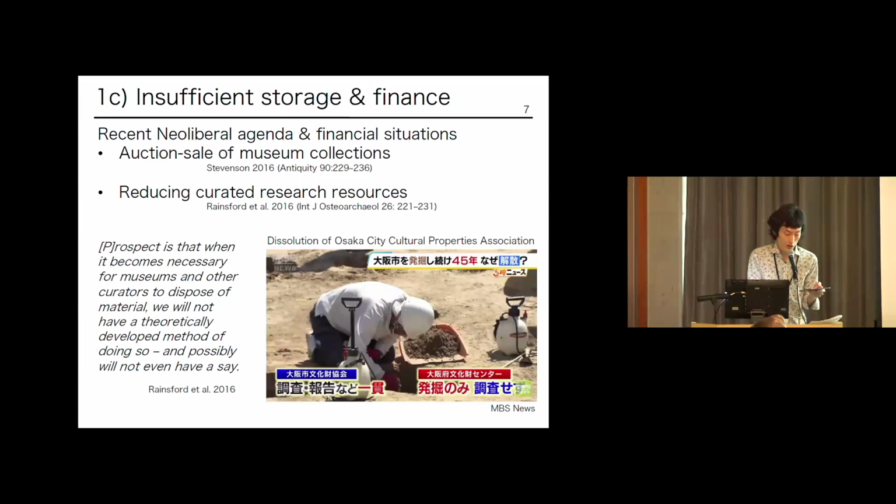Most researchers do not want to talk about the disposal of specimens. However, researchers who have published papers on the reduction of archaeological specimens are concerned that when the time comes to reduce specimens, we do not have a theoretically developed effective method.